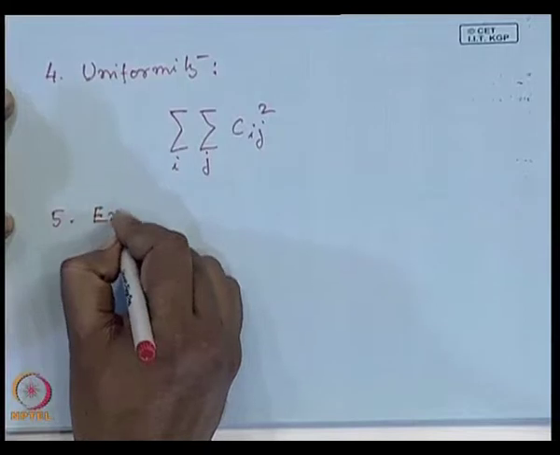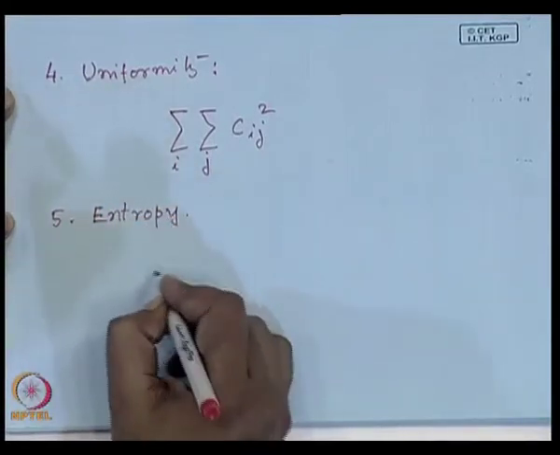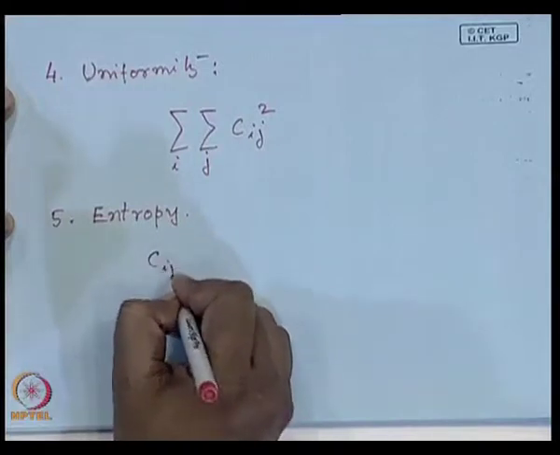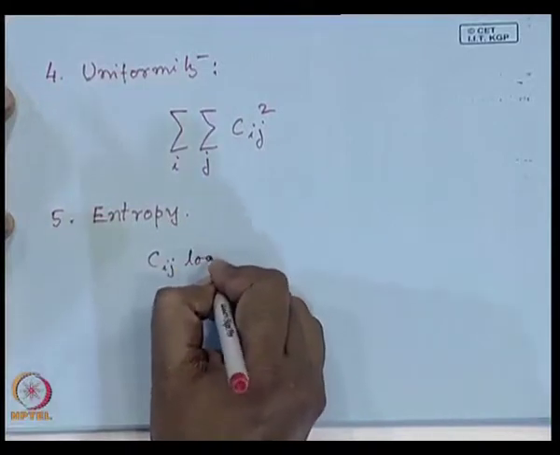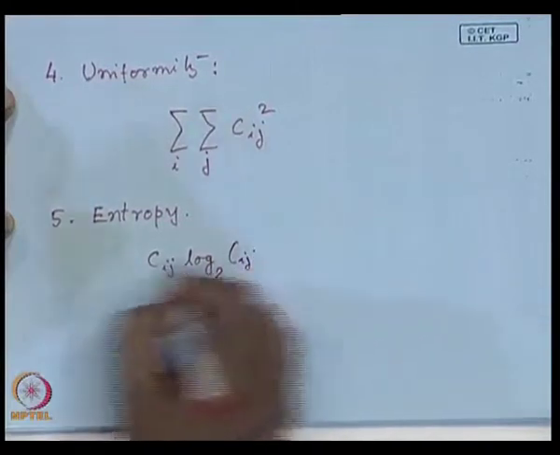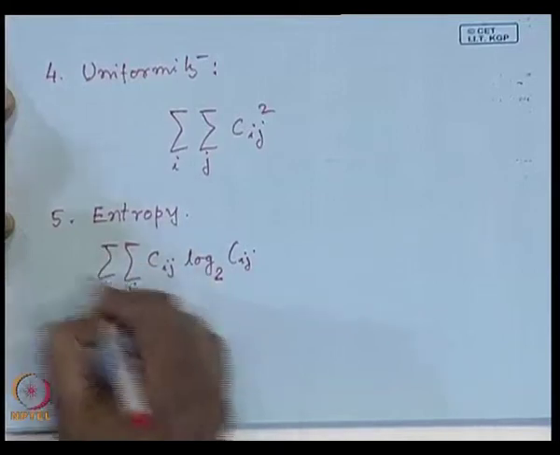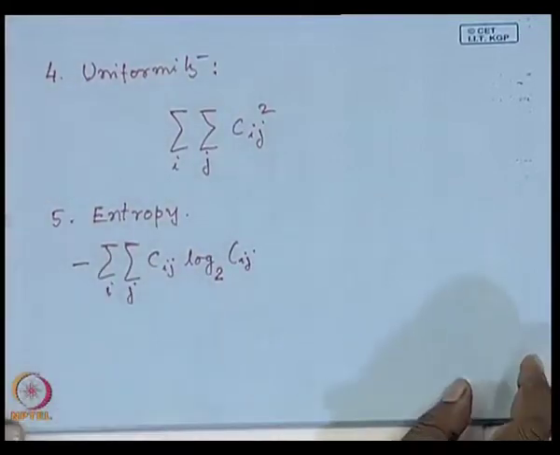As you know, the definition of entropy is simply given by C I j times log to the base 2 of C I j, summed over I and j and negated.